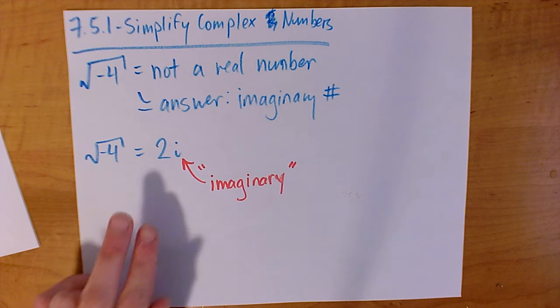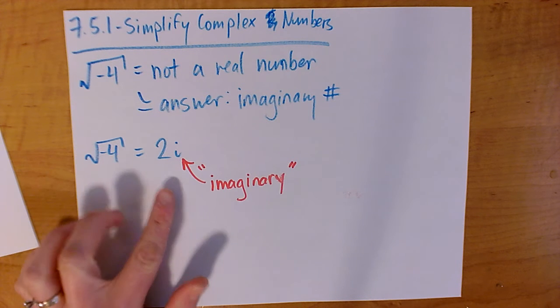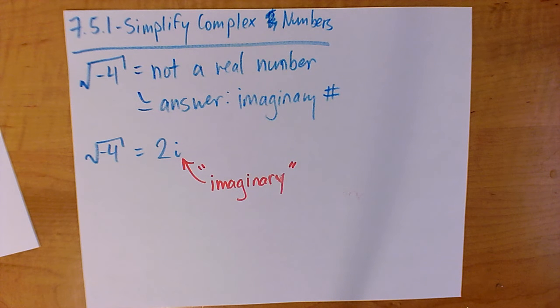And that's about all we can do with it, is just say, well, the square root of -4 is imaginary. Later on in this chapter, we'll add and subtract imaginary numbers, but other than that, we can't do too much beyond that. Well, we can multiply and divide them, but nothing like we can graph or anything crazy like that. We definitely can't solve word problems with them.